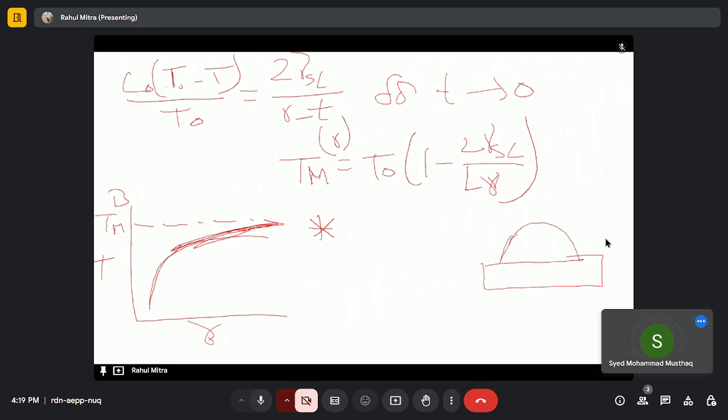Then suppose this is my surface, this is liquid, and this is gaseous form, right?